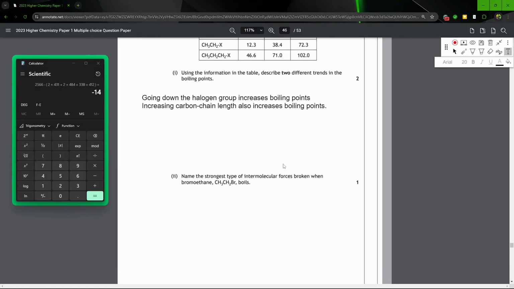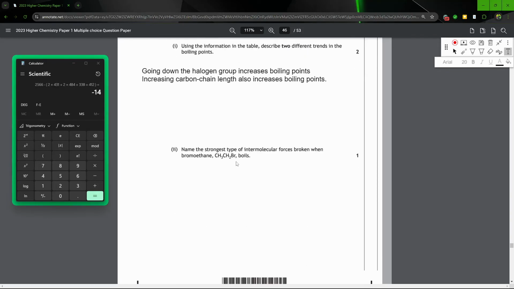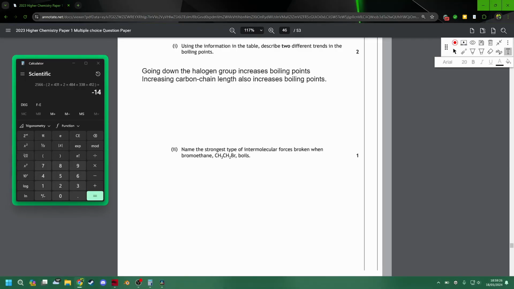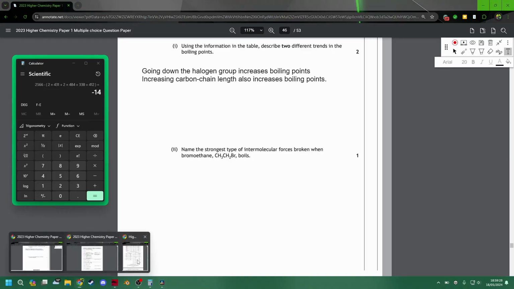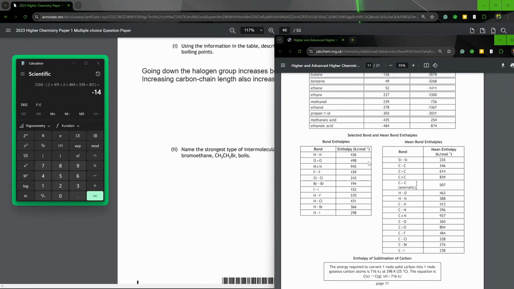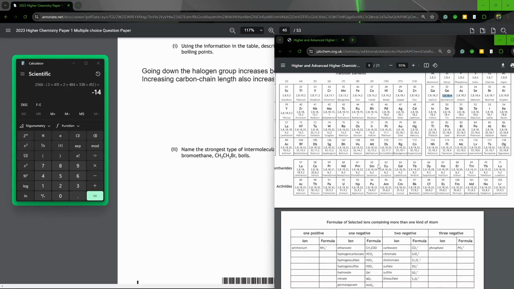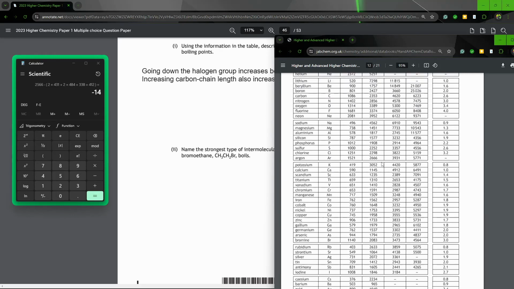Name the strongest type of intermolecular forces broken when bromoethane boils. I believe a carbon to bromine bond should be non-polar, but let's double check in my data booklet. We look at the electronegativities of bromine and carbon.